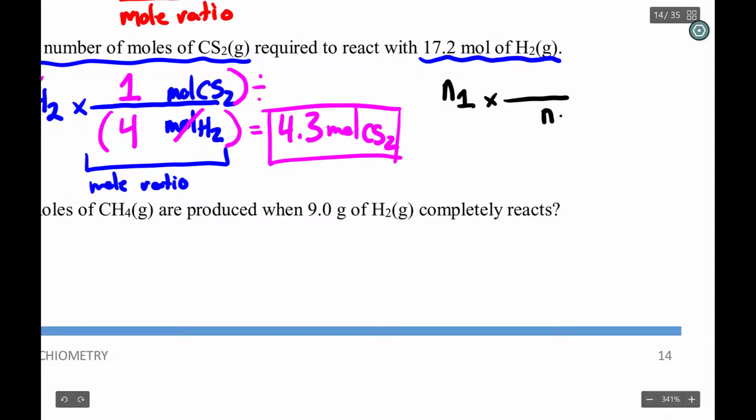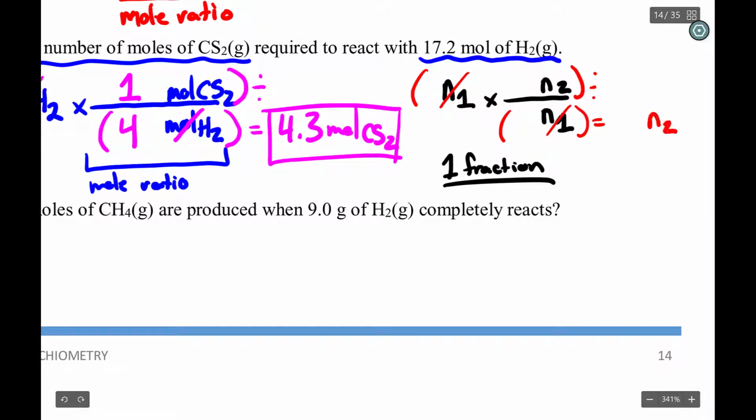I have to convert the moles of whatever substance 1 is into substance number 2. So I just use one fraction. And what ends up happening is the moles of 1 cancels out with the moles of 1, and I'm left with the moles of 2. There's some value associated with that based on the numbers in there.